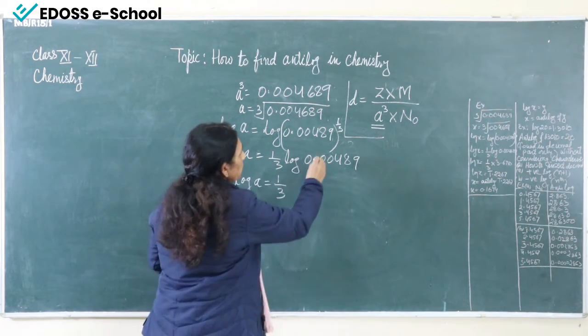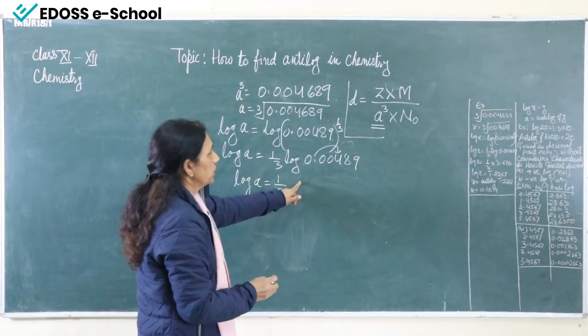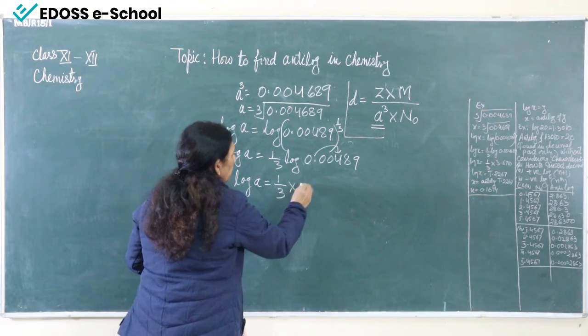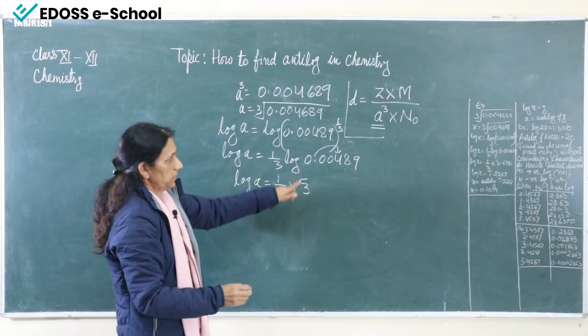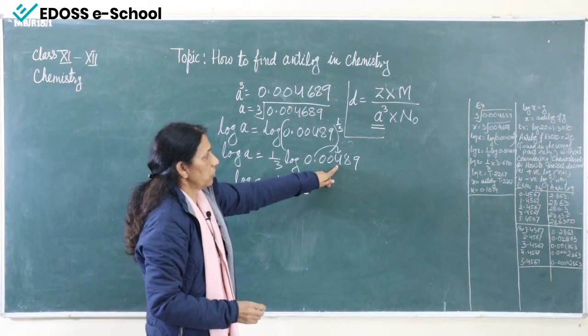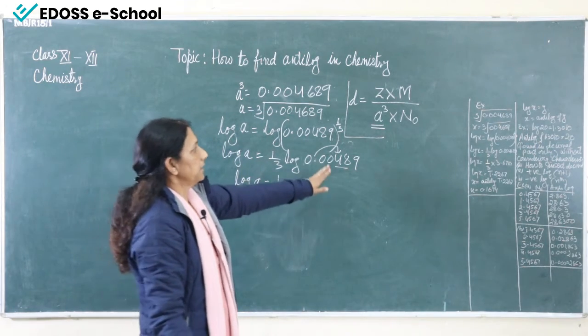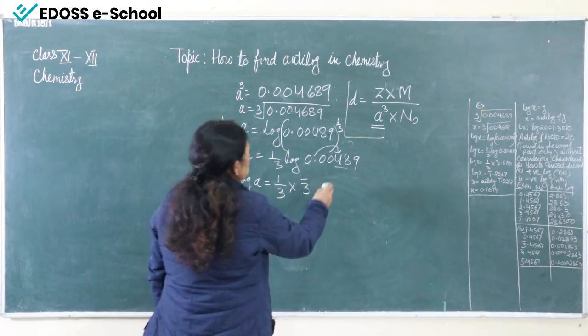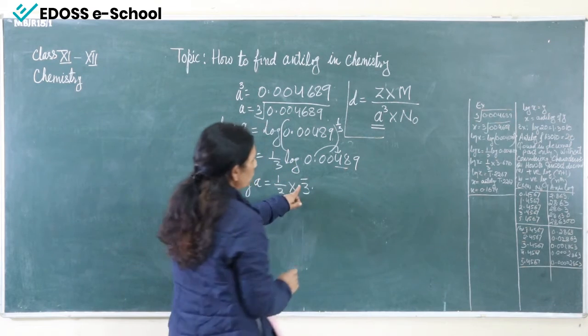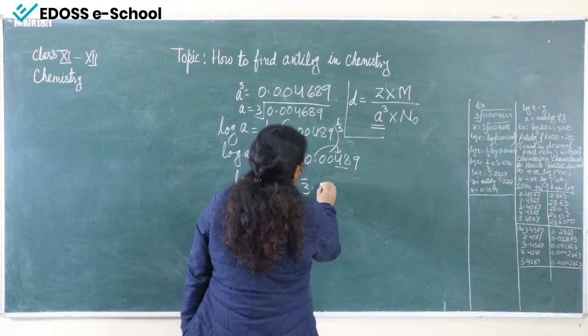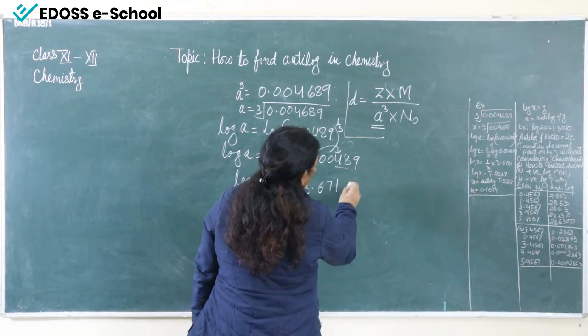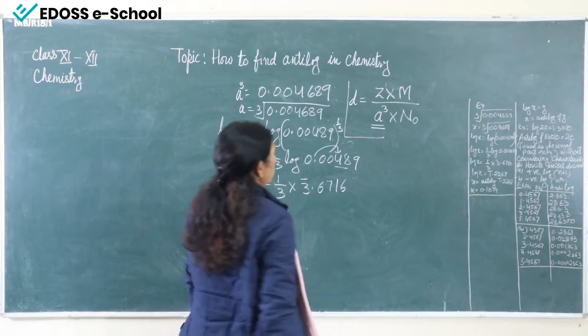Significant number is coming at 3rd place, so this will be 3 bar, 3 negative we can say. Okay. And then with the help of the log table, we will find the value of 48 at 9 and the value of this, I can put here decimal and this is equal to 6716. This is the value.